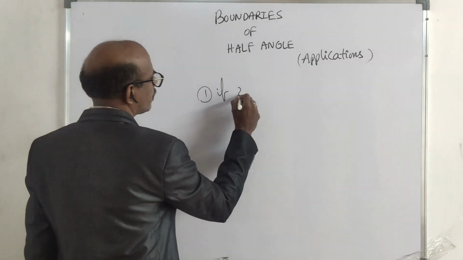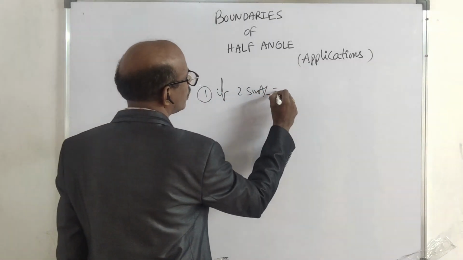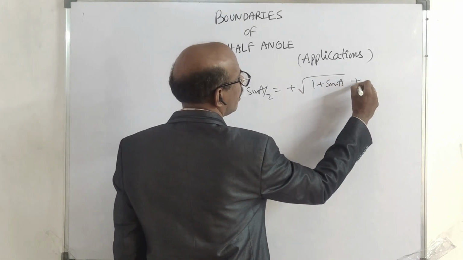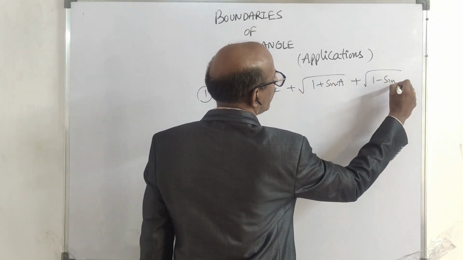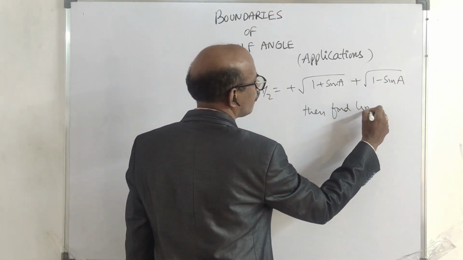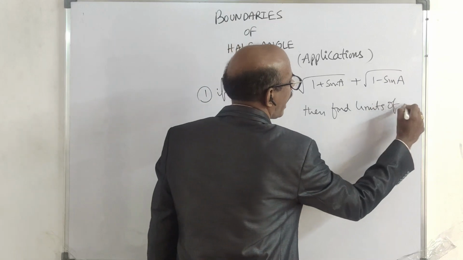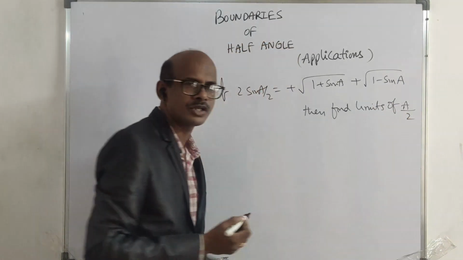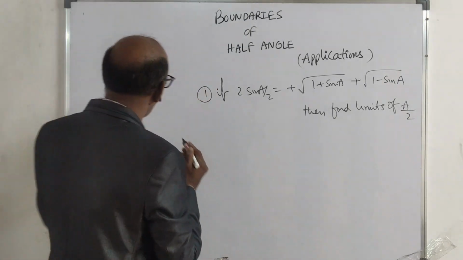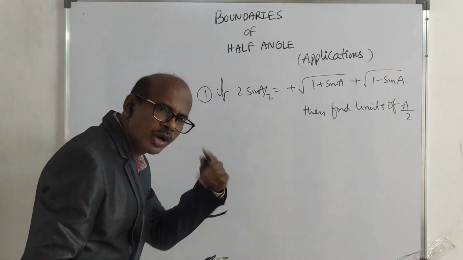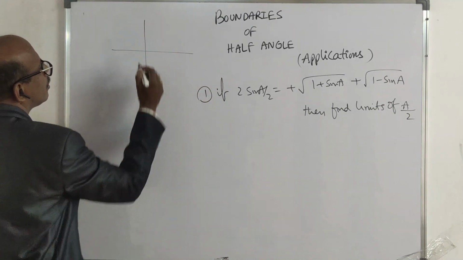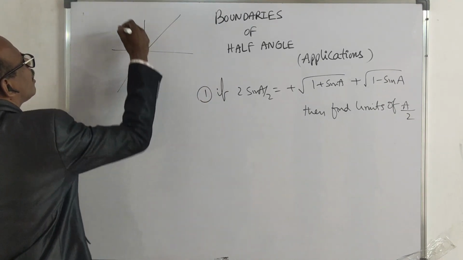First question: if 2 sin A by 2 equals plus root 1 plus sin A plus root 1 minus sin A, then find the limits of A by 2. I think you understood the question. In the previous video on boundaries of half angle, a theorem and a good diagram were given.